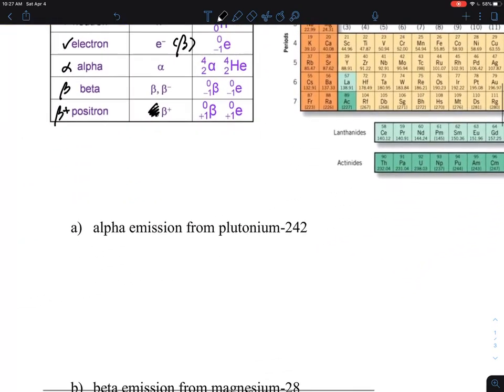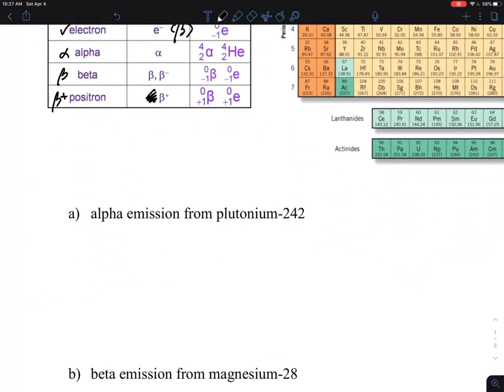Okay, let's do the first one. We just keep track of the number of protons and charges and neutrons, and you understand this. What matters here is that atomic number is defined by the number of protons. That's the most critical information. So, alpha emission. What did I say about an alpha?